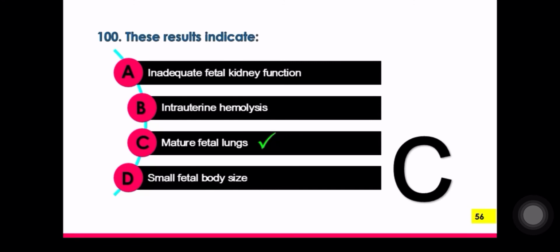A fluorescence polarization result of less than 0.320 is also associated with fetal lung maturity. The presence of phosphatidylglycerol in amniotic fluid is related to fetal lung maturity and the absence of respiratory distress syndrome.